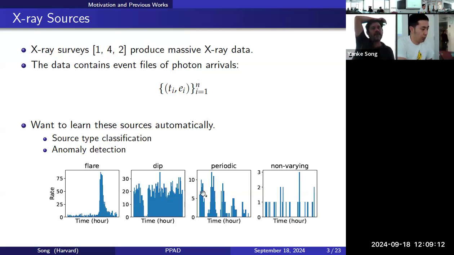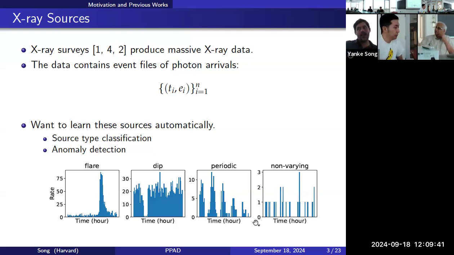And these arrivals are a Poisson process with that underlying rate, which means that these arrivals are stochastic. For example, in this non-varying source, we think the underlying rate is not changing, but we see noise in the arrivals. At some point there's one or two arrivals, and at some other time there are no arrivals.